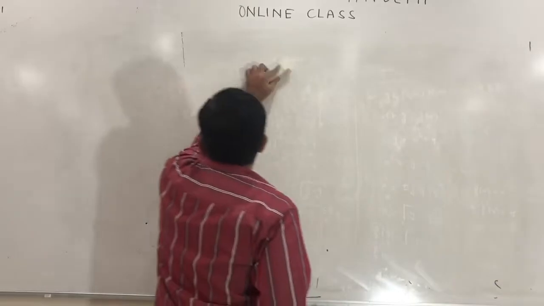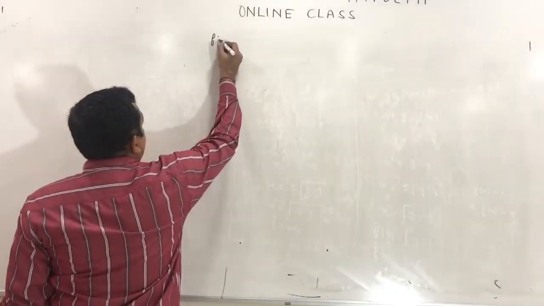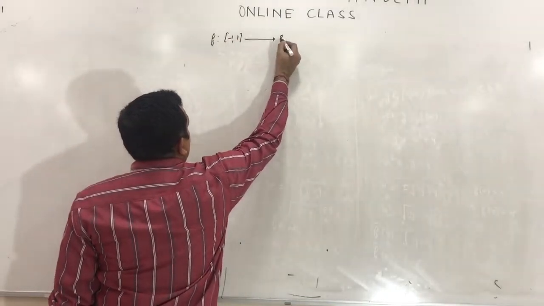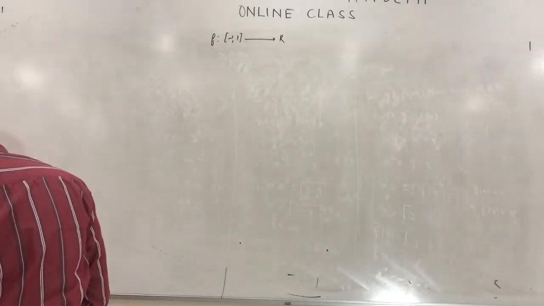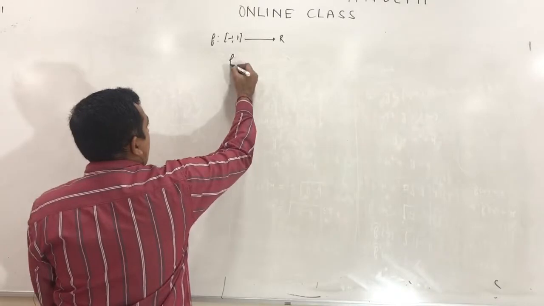The question is: f is a function from -1 to 1 to R such that f(x) equals the given expression.